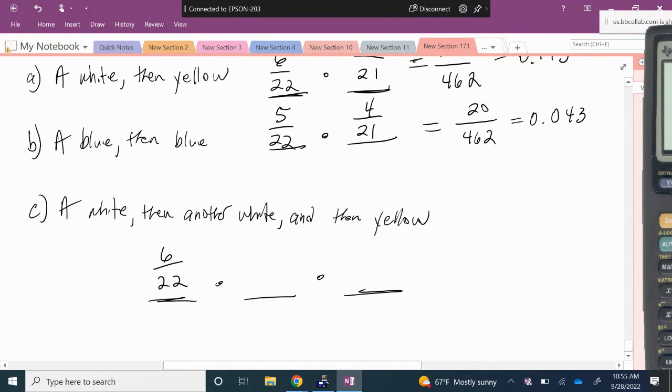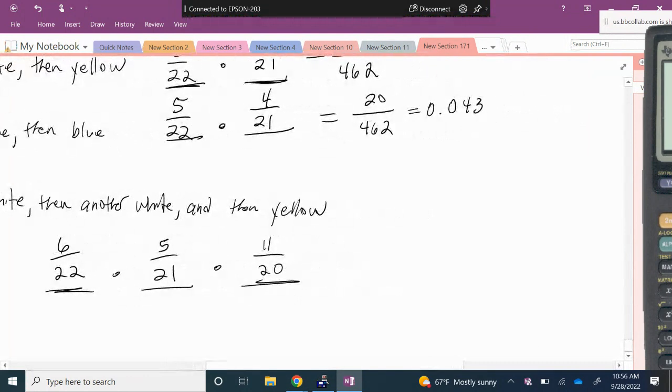What's the probability that the second pencil is a white pencil? 5 over 21, right? And what's the probability that the third pencil is a yellow pencil? 11 over 20. So notice how the total amount of pencils is reducing by 1.